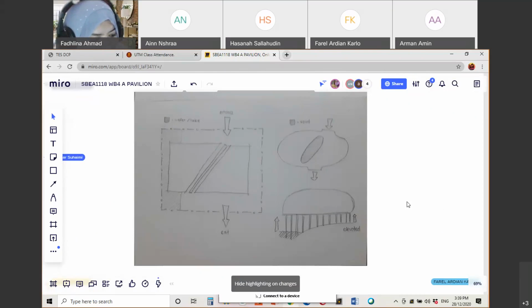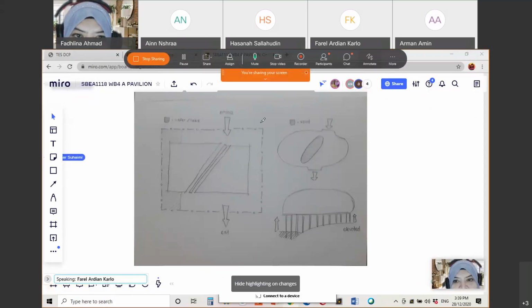Is it you want to put your pavilion near to the lake? Yes, the pavilion will have some parts literally on top of the lake itself.